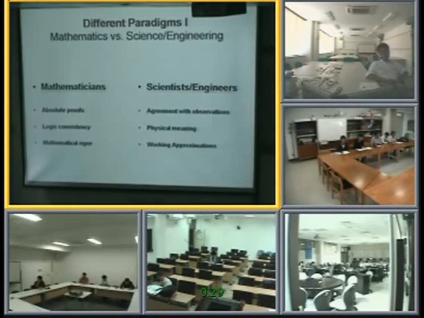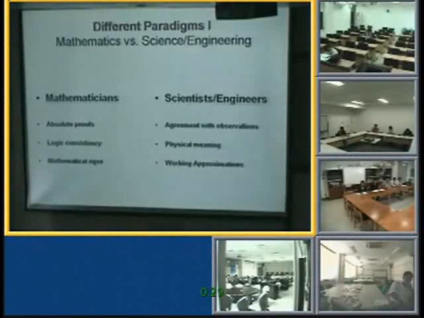Mathematicians are looking for absolute proofs. Once they prove it, that's it. You can never improve upon a proof. For example, we all studied plane geometry.